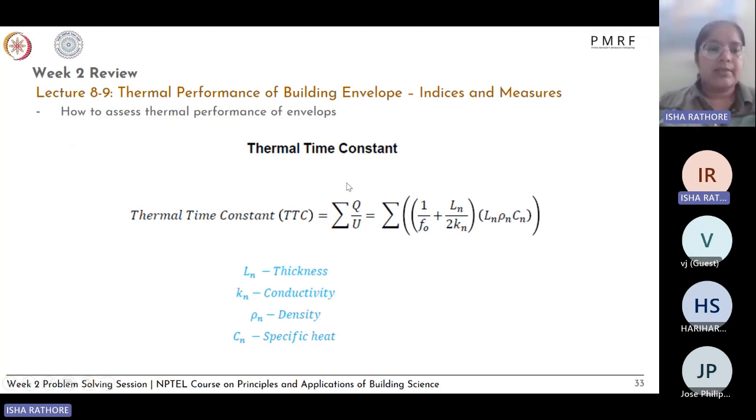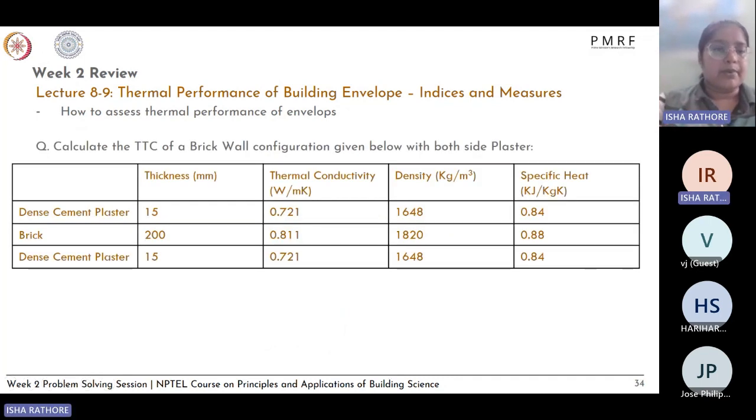So thermal time constant is dependent on thickness, conductivity, density, and specific heat of each of the layers of the building envelope. Okay, so now we will look at an example on how to solve for thermal time constant for the brick wall, similar to the brick wall which we saw for calculating the U value.